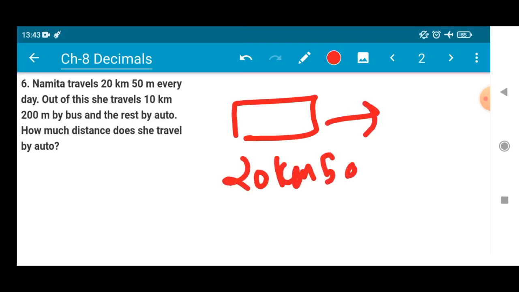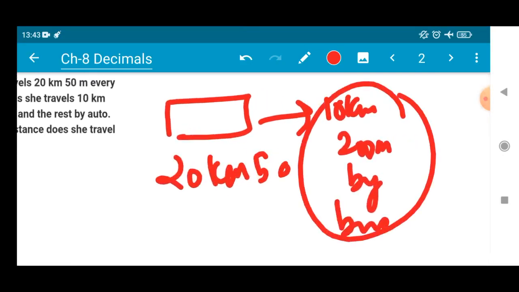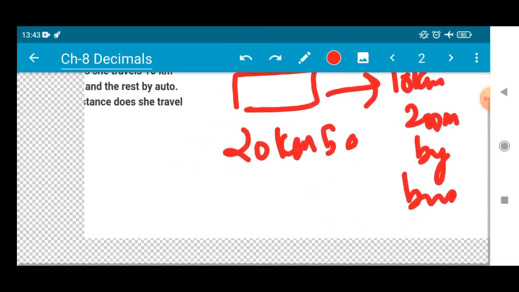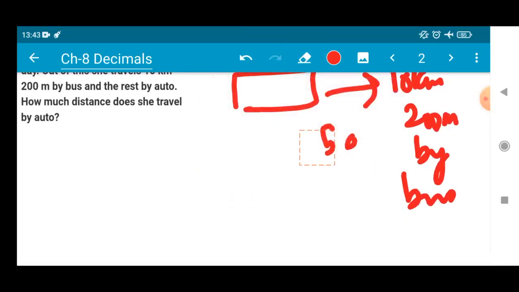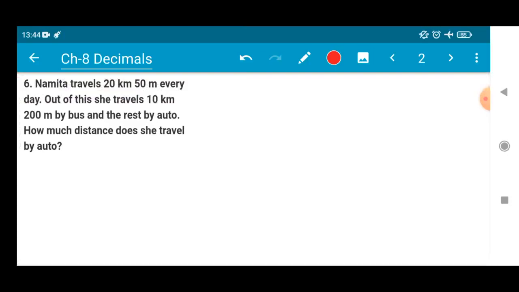Out of this, 10 kilometer 200 meters she is traveling by bus. And what is the remaining distance she is traveling by auto? That we have to find. That means after 10 kilometer 200 meters she is traveling by auto, right?